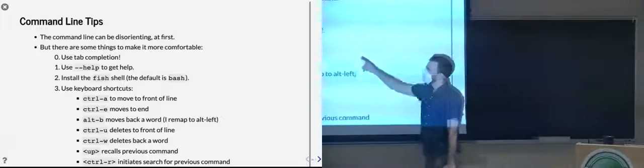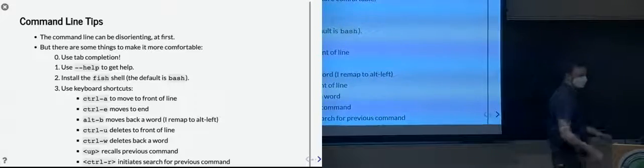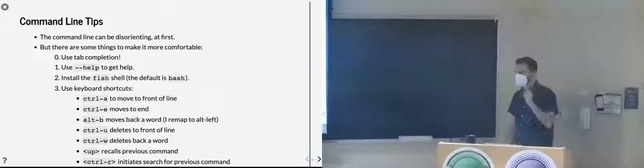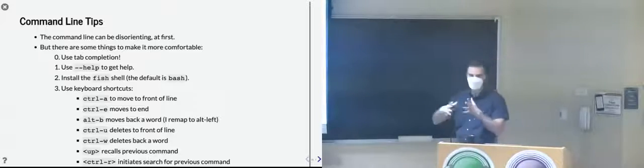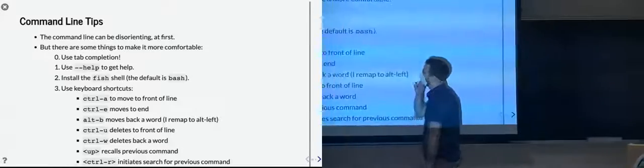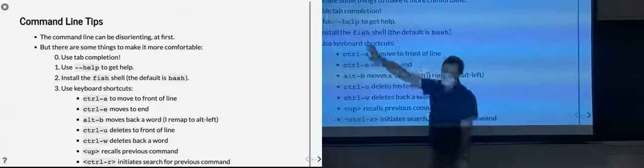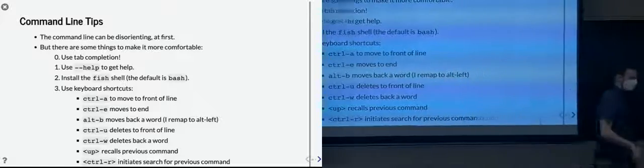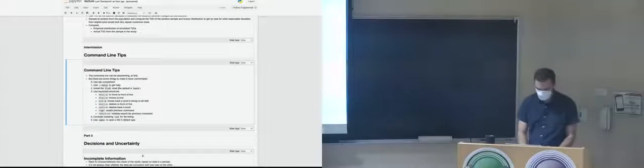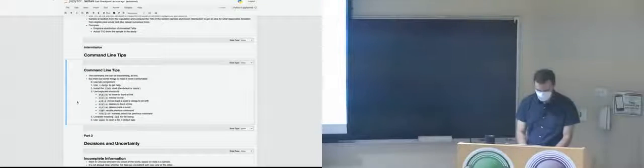So the first thing is tab completion, right? We've said that before. This works in Jupyter as well, or in your IDE. When you're typing something, just spam tab and get it to complete. You don't have to type out the full word. If you're using a command, like for instance git, and you want some help, most help is built in. So let me go to a terminal here.